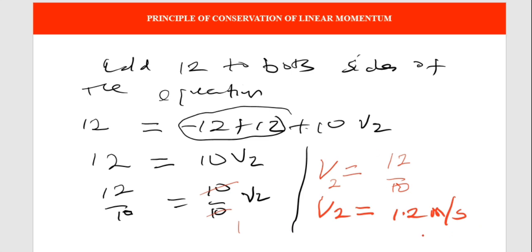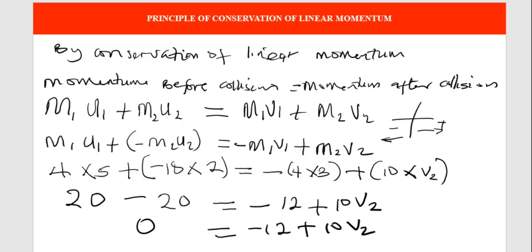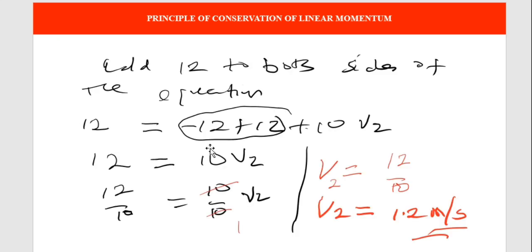So that is what we have as the answer for the final velocity of the second ball. Yes, that is the final velocity of the second ball. So that is the answer to it.